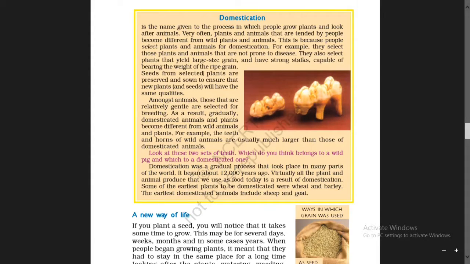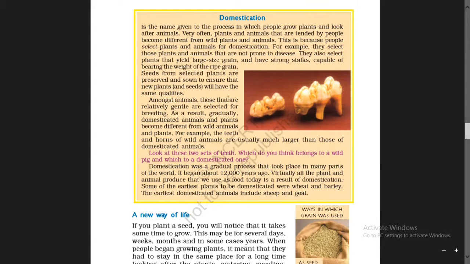Seeds from selected plants are preserved and sown to ensure that new plants and seeds will have the same qualities. So they collect and preserve good quality seeds in order to sow them and get a good harvest.